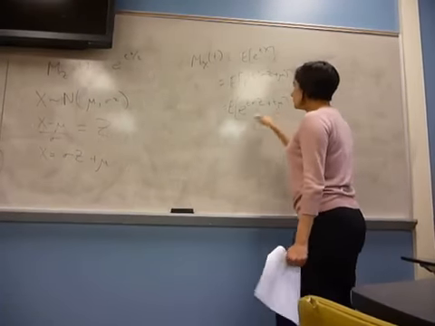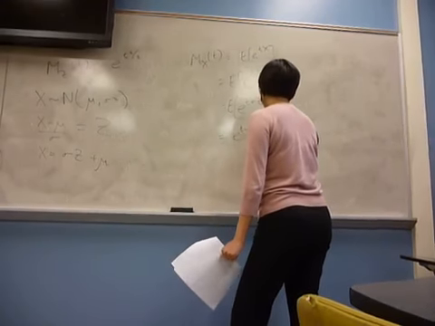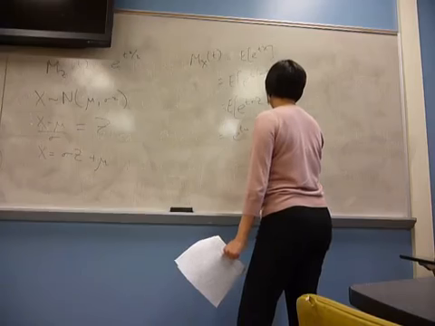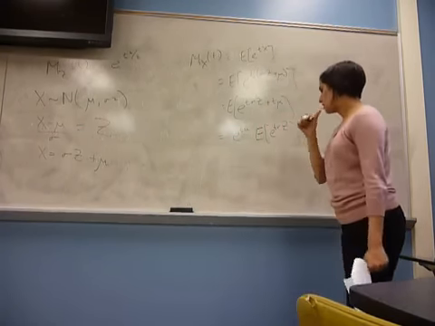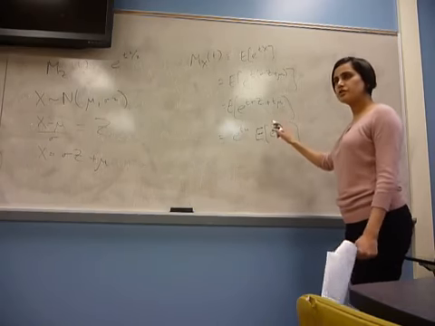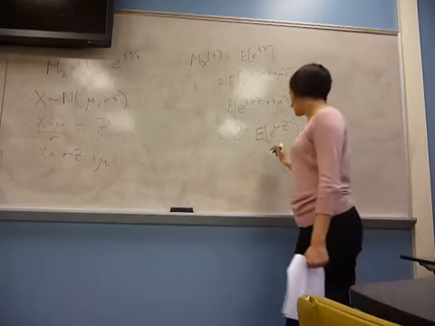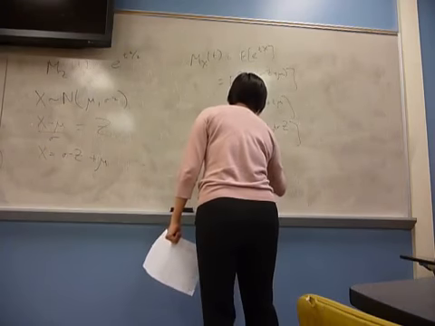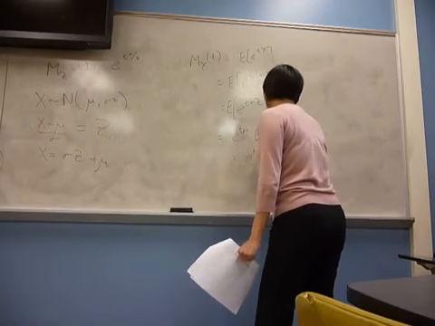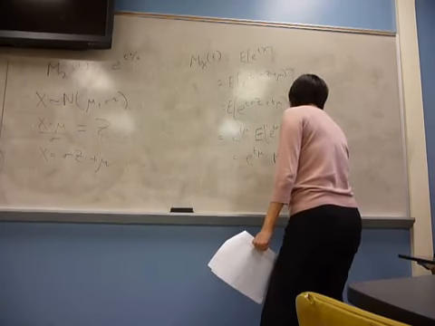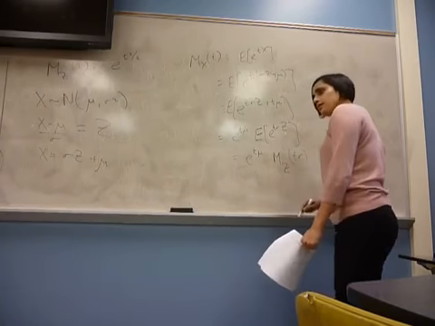Now e to the t mu is just a constant, so I can take it out of the expectation. Now the expectation with respect to Z of e to the sigma t Z is just the moment generating function of the standard normal at the point t times sigma.